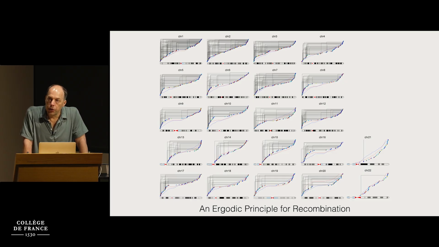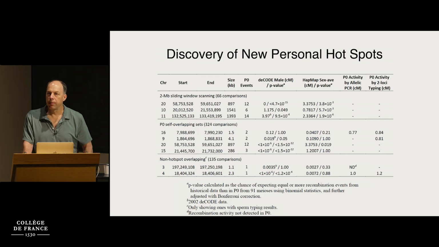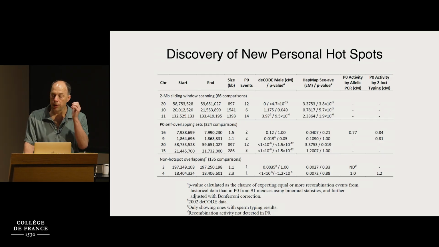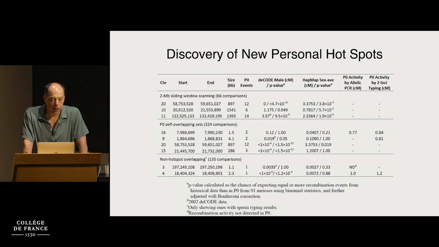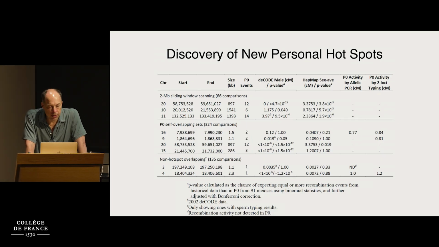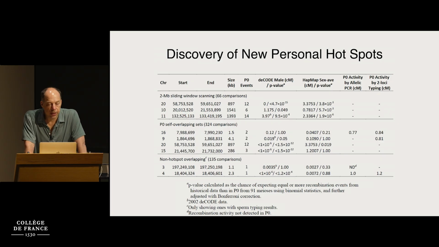Now, this is at low coarse-grained resolution. If you look at higher resolution, you see that the recombination doesn't happen uniformly. There's hotspots. This has been known previously. There's hotspots where recombination happens at much higher rates. There's sort of a dictionary of hotspots. And as we looked into this data from this one individual, we were able to find hotspots, things that were statistically unusually high rates of recombination.